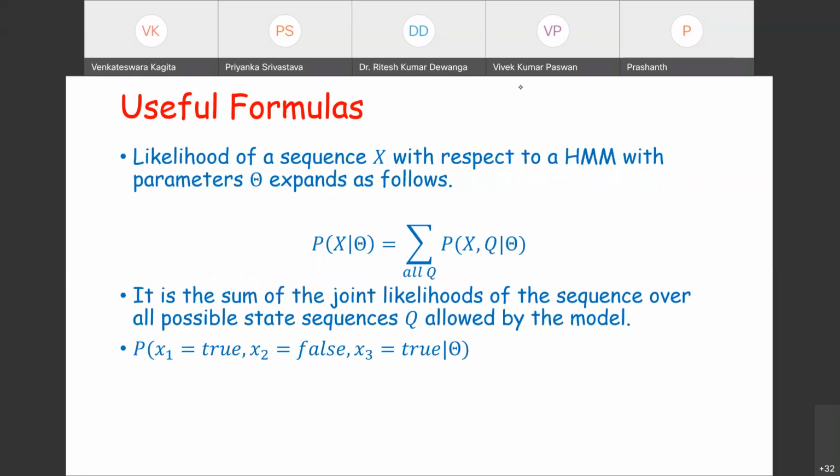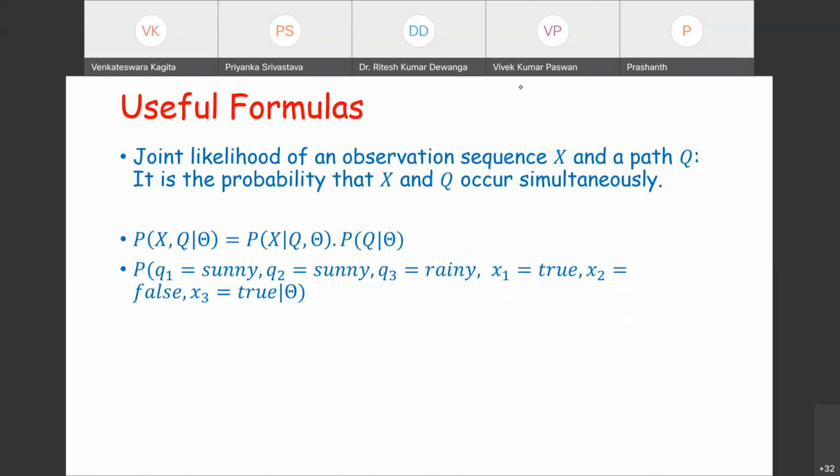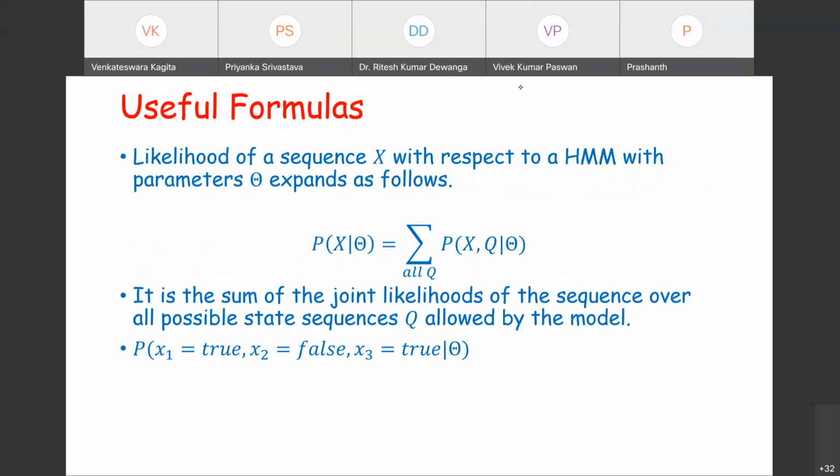It is equivalent to the probability of q1, the probability of q2 given q1, q3 given q2, and the probability of x1 given q1, x2 given q2, x3 given q3. All those probabilities you multiply, and you will get this.